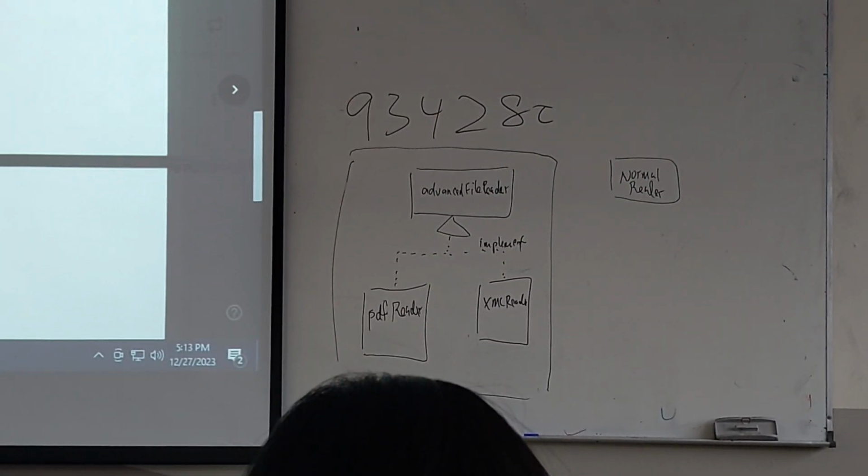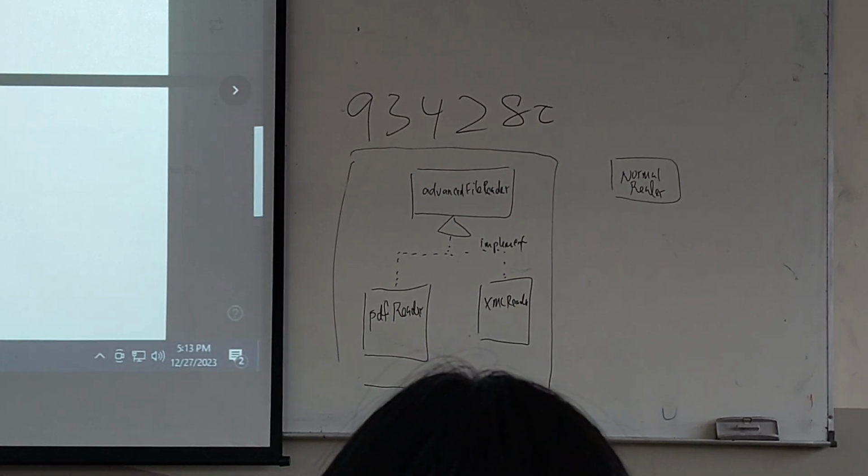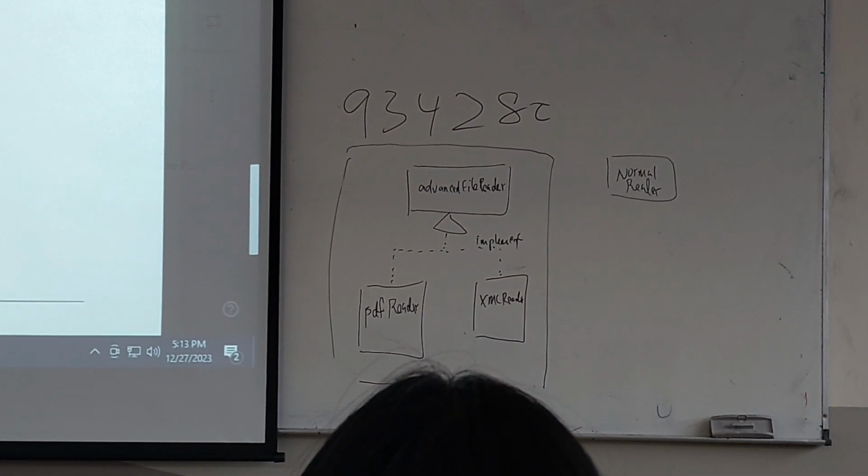Because you can see that the code here implements, okay, file adapter and dot reader.